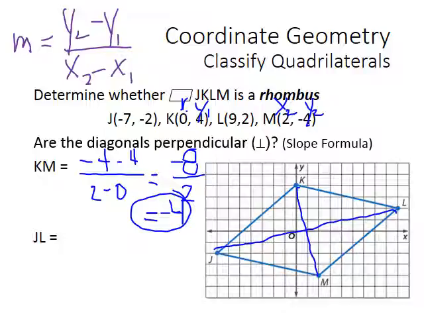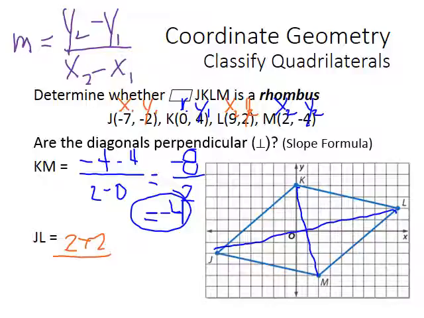Now let's find the slope of JL and see if we have opposite reciprocals. So now here's my x1, y1, and L is my x2, y2. We'll plug those coordinates into the slope formula. 2 minus a -2, remember, is the same thing as adding the positive.